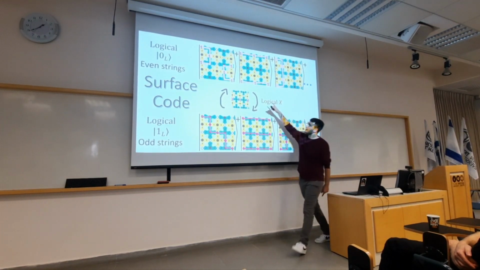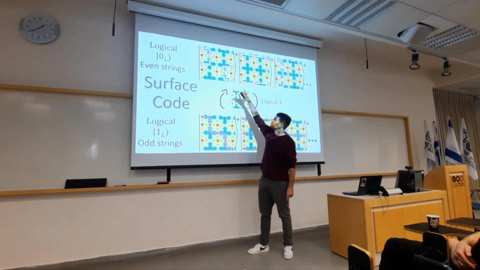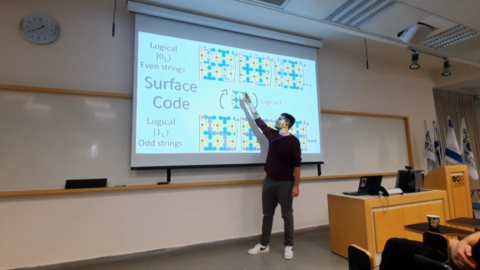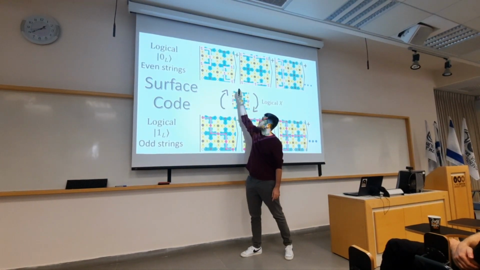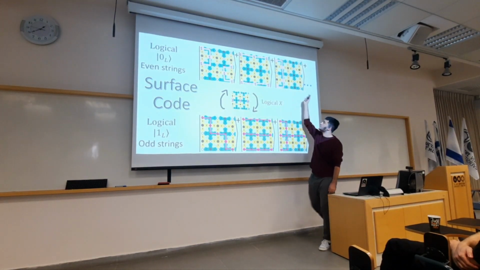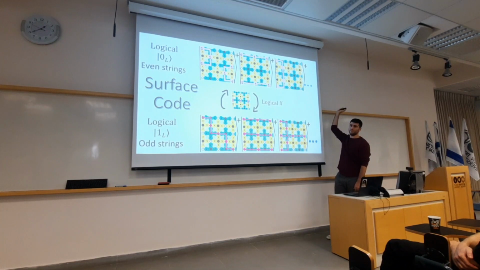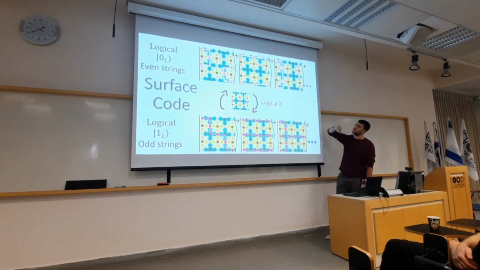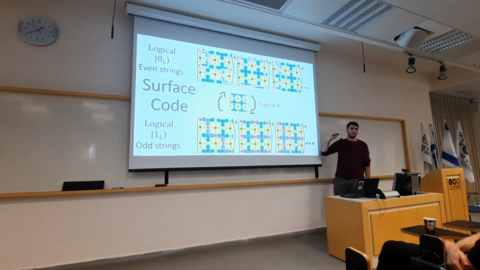So you see here that the pink dots are ones, all the other whites are just zeros. Here I have 0 strings from left to right. Here I have 2 strings from left to right. Here I have 0 strings from left to right, plus all the possible combinations. And this is a logical zero. Okay?